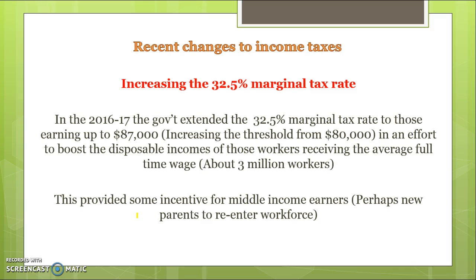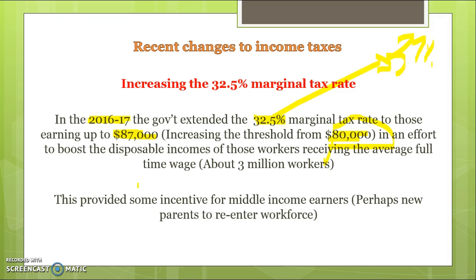The other thing they did in last year's budget, so the 16-17 budget, another reform, is they increased the 32.5% marginal tax rate all the way to $87,000, up from $80,000. So basically what that means is you're paying 32.5 cents for an extra $7,000 instead of paying the higher 37 cents. So basically you're saving 4.5 cents on anything you earn between $80,000 and $87,000.